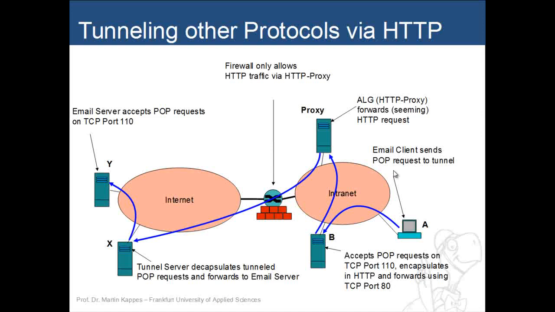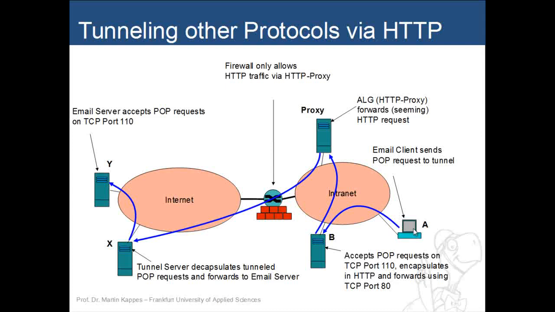And how this basically happens through tunneling is as follows. Here we have an email client user agent on the machine. No reconfiguration of the user agent is needed.